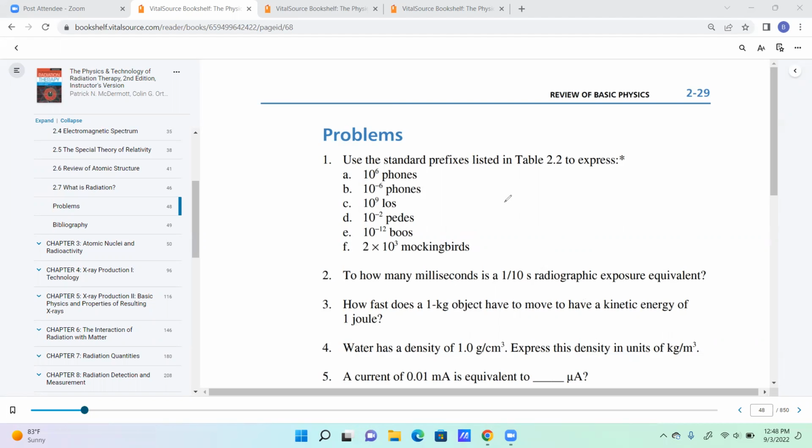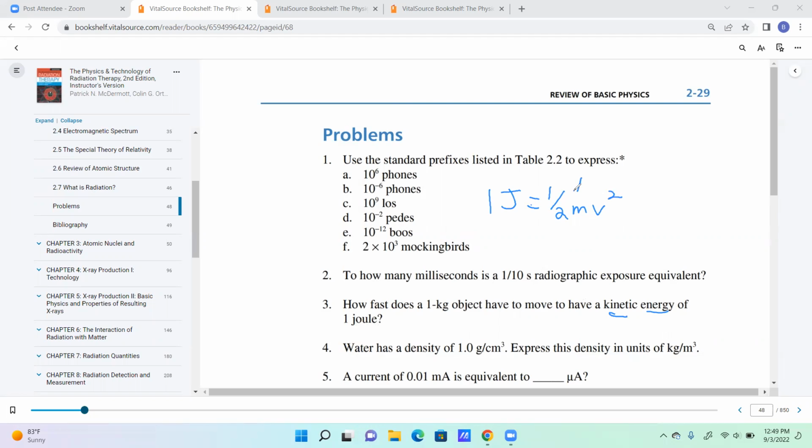So we have 1 joule because that's the kinetic energy. And how is kinetic energy defined? We have 1/2 mv squared. That's the formula.